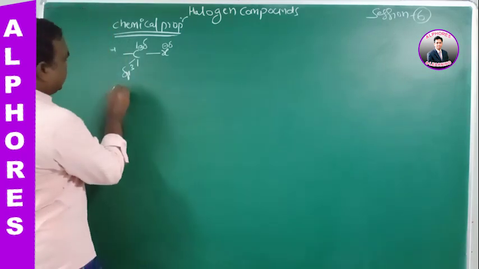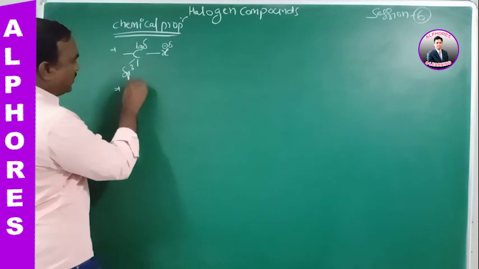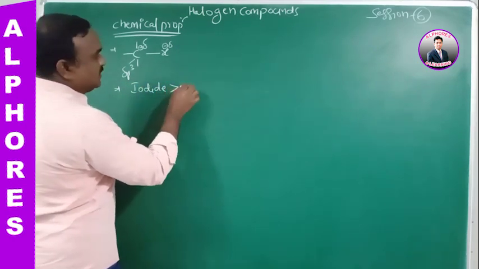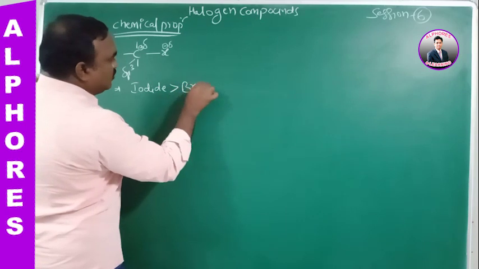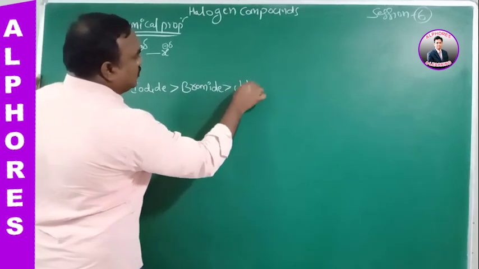If you write the reactivity order of halogens, iodide reactivity is greater than bromide, and bromide reactivity is greater than chloride.